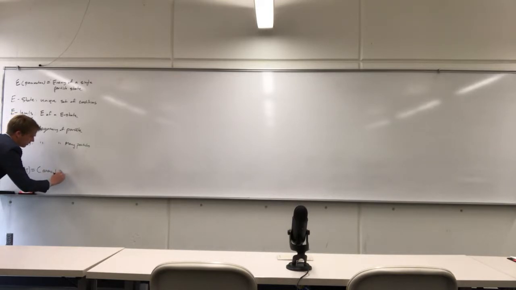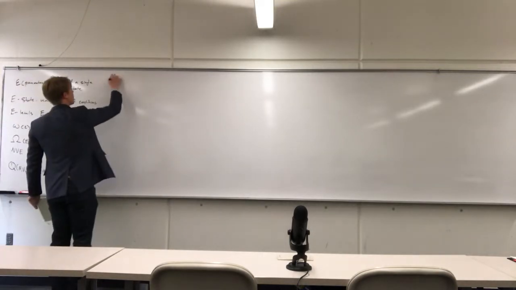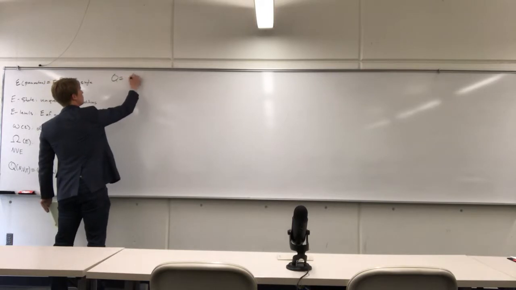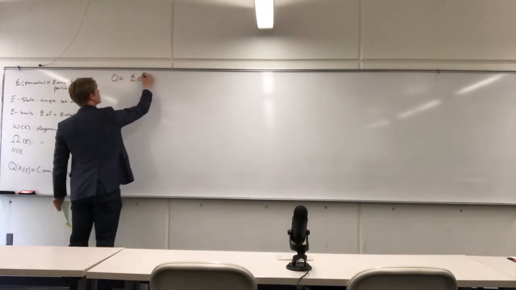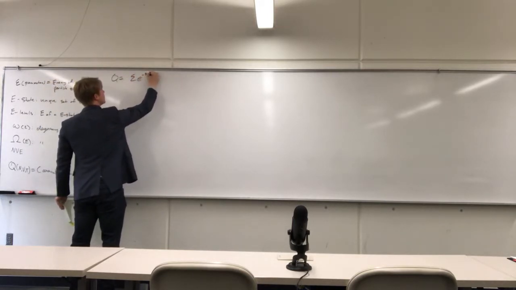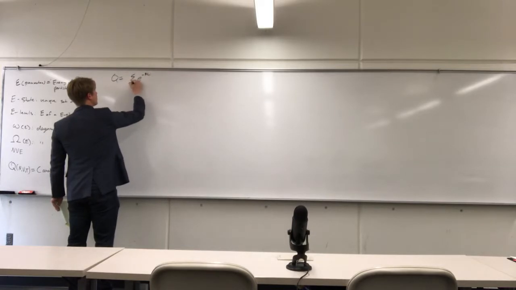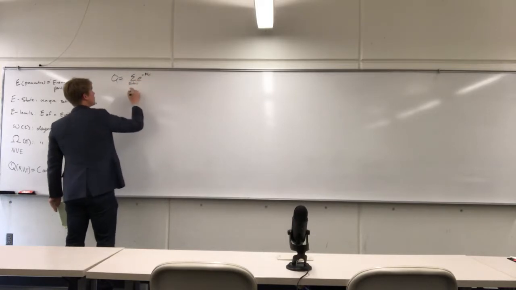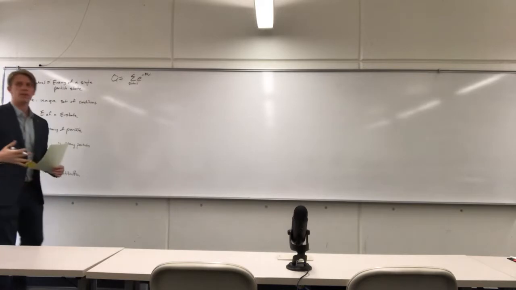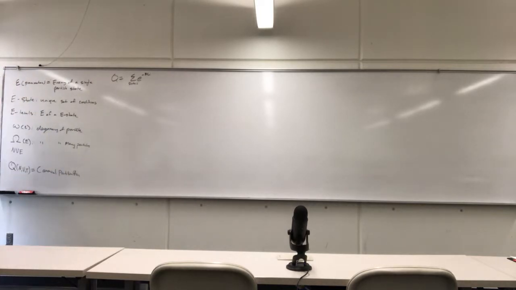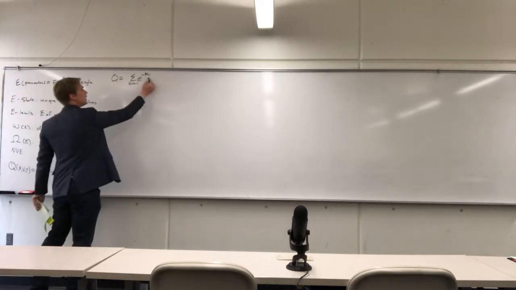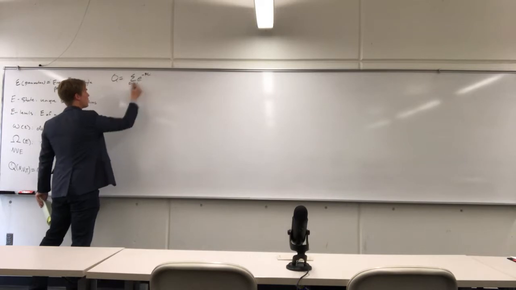Now, Q we use for the canonical partition function. And the canonical partition function is equal to the summation over all of the states of the system, where the energy is scaled by this parameter beta.